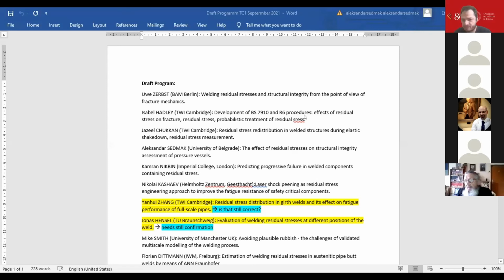So what I wanted to show to everybody is a draft program of a TC1 meeting. So we have another TC which we can work with. It was in September this year, online, unfortunately.